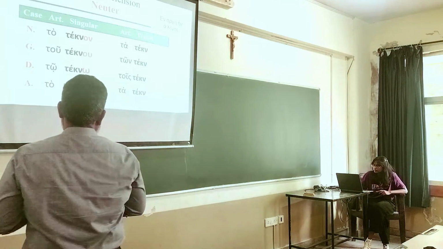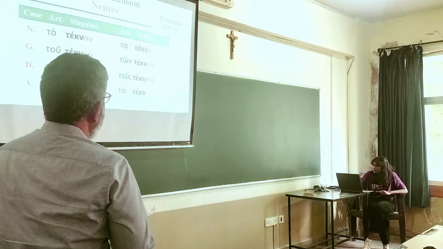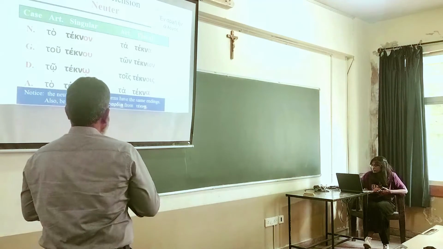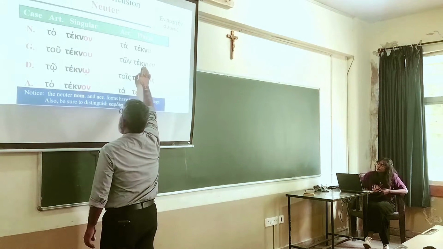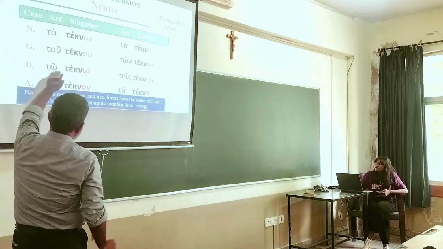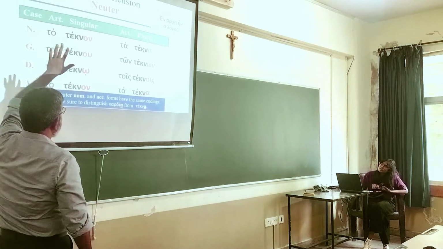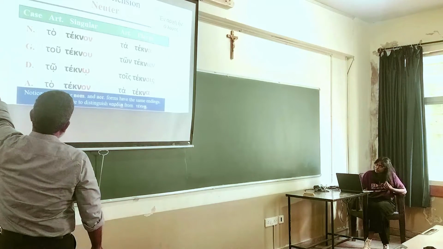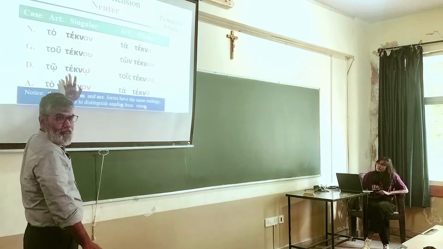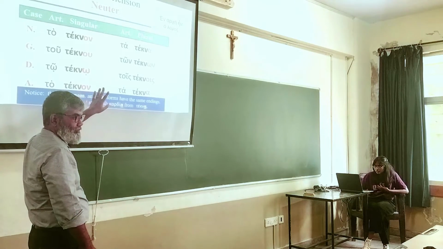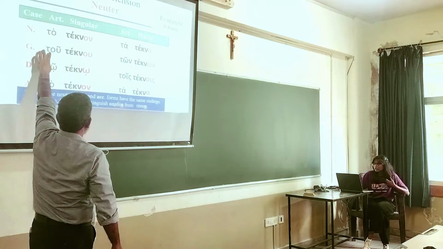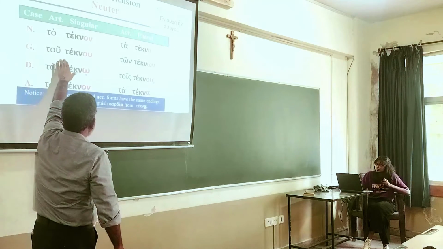Okay, now this is for the neuter. Again you see the genitive plural is the same. Now, if you watch carefully, the neuter is exactly the same as the masculine, but for nominative and accusative. Otherwise, they are the same. There you saw logo, to, the same thing, to and to, right?